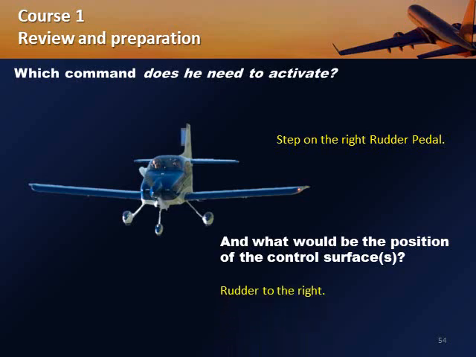The rudder is going to turn to the right. This is going to push not the rudder, but the vertical stabilizer in that direction, because you're increasing the lift on this side and decreasing the lift on the other side.